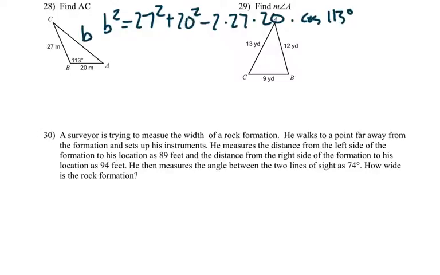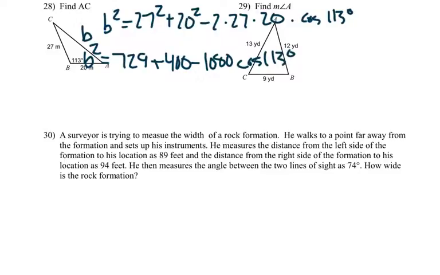So 27 squared will give us 729, plus 20 squared is 400, so plus 400 minus 2 times 27 times 20. And I think I times too many things together. 2 times 27, so that's 1080 cosine of 113 degrees.